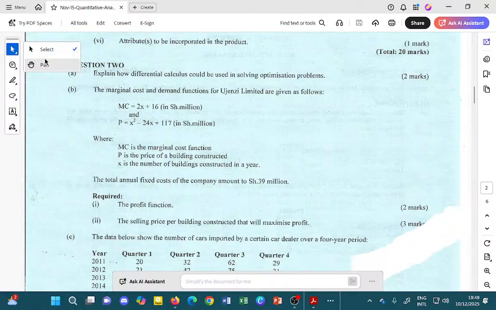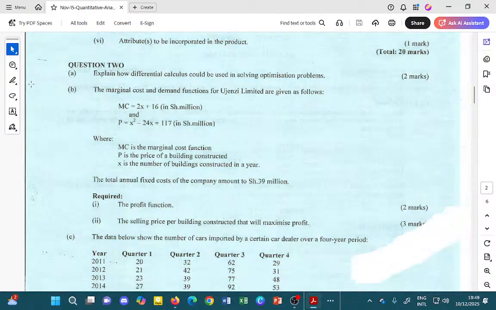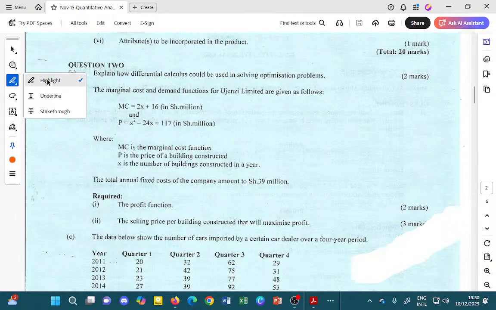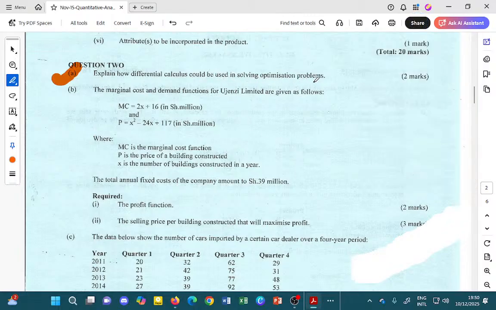Let me pick a highlighter so that we get to know and see how we are moving. So the question I'm concerned with is this one. Question 1, part A. Explain how differential calculus could be used in solving optimization problems. That's 2 marks.